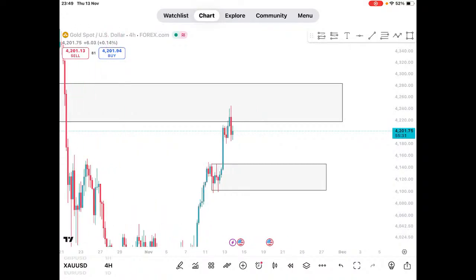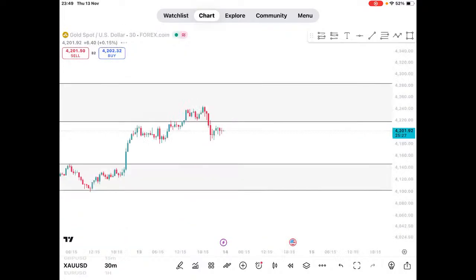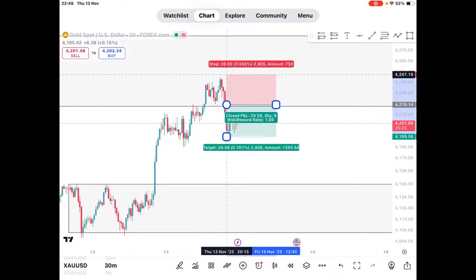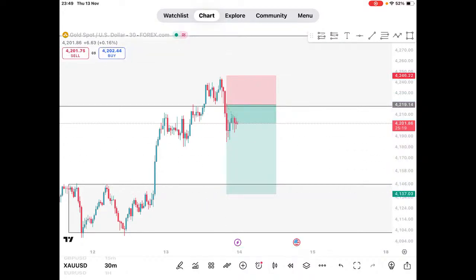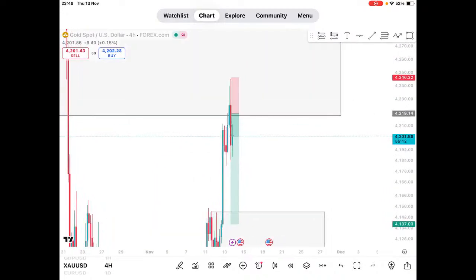so we have to manage the risk. In this sell zone, I looked for the lower time frame confirmation and sold this pair from here to here. Currently I have moved my entry to break even. Why? Because gold has already entered into the 4-hour demand zone. You can see it.